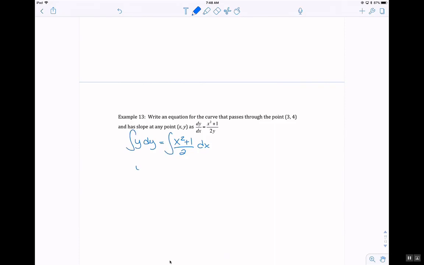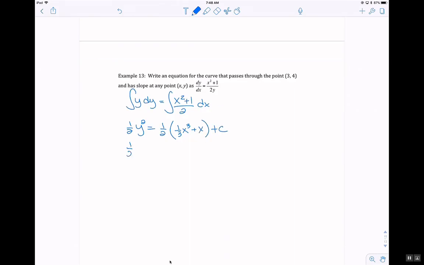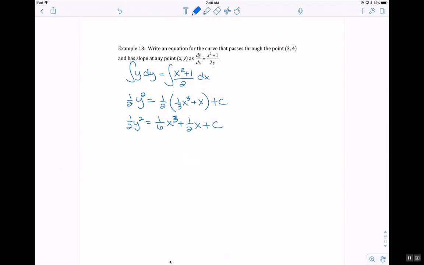And you're going to take the antiderivative. So this is 1/2 y squared on the left. And then on the right, you have your 1/2, and the antiderivative of x squared is 1/3 x cubed, and then plus x, and then plus c. So 1/2 y squared is equal to 1/6 x cubed plus 1/2 x plus c.